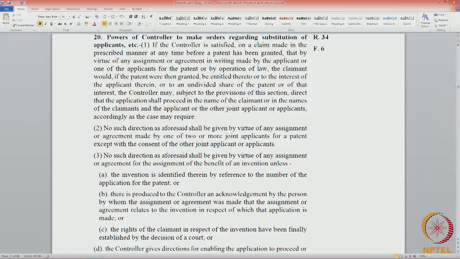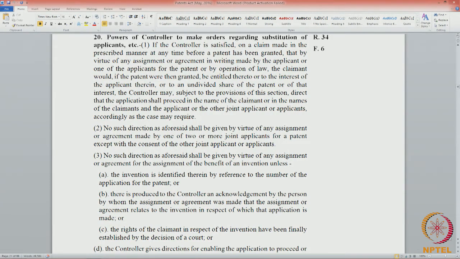Then, or there is an acknowledgement by the person who made the assignment that the assignment relates to the invention in respect of which the application is made. The person who makes the assignment should say that this assignment is pertaining to this.